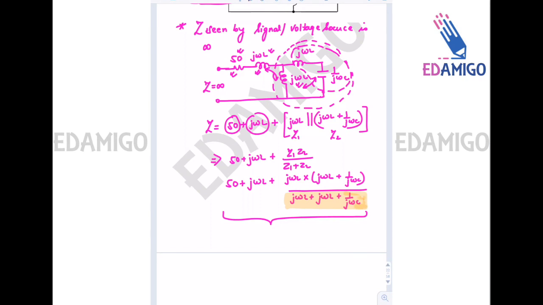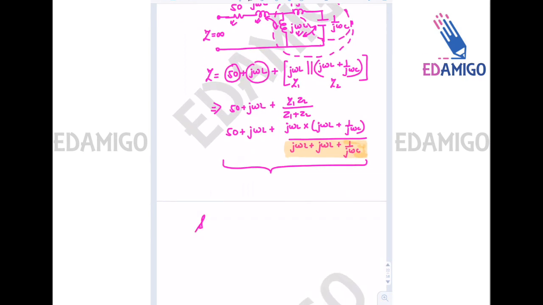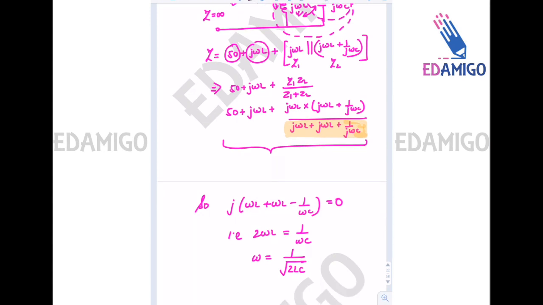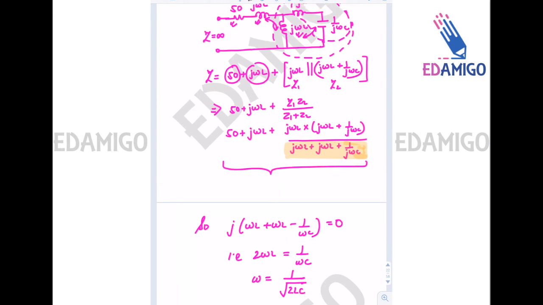So j omega L plus omega L minus 1 upon omega C should be 0. That is, 2 omega L is equal to 1 upon omega C, and omega is equal to 1 upon root 2LC.